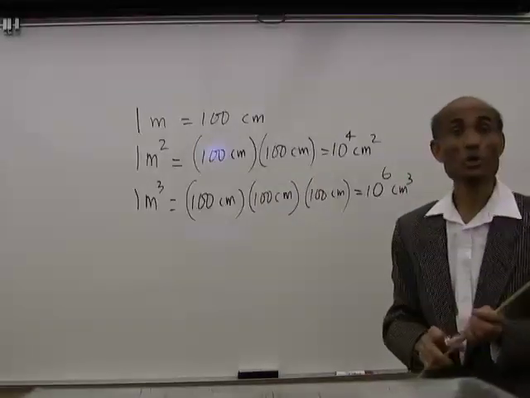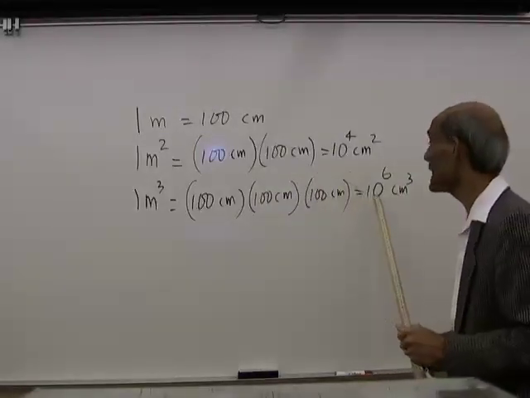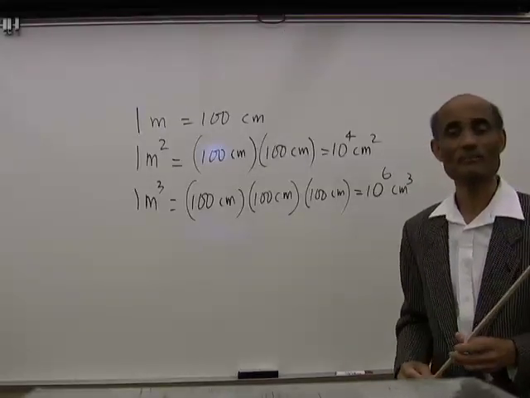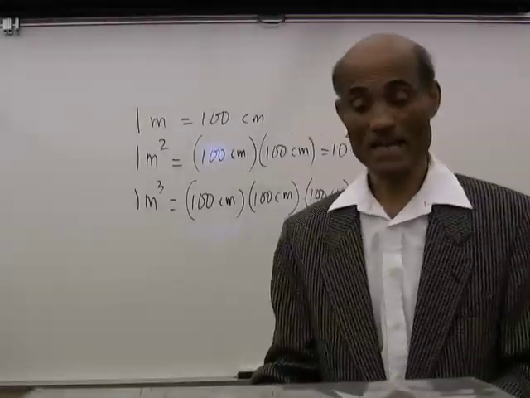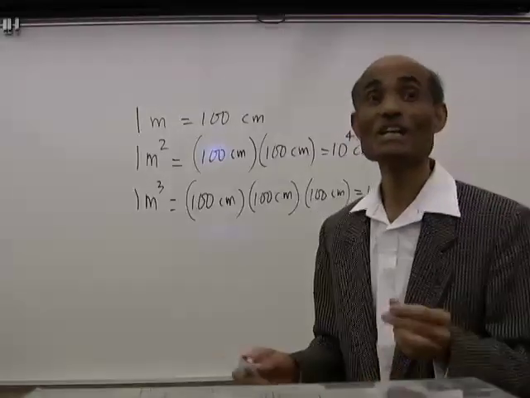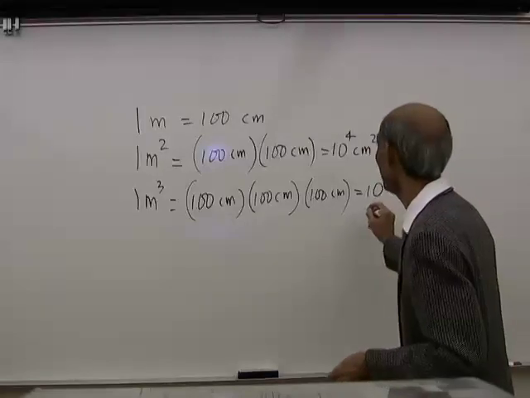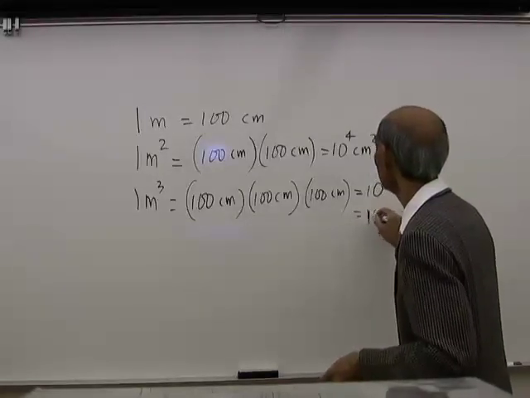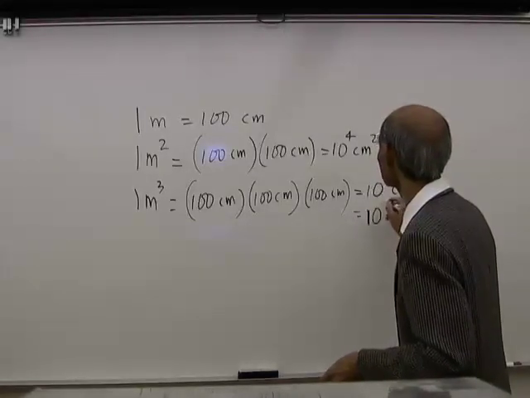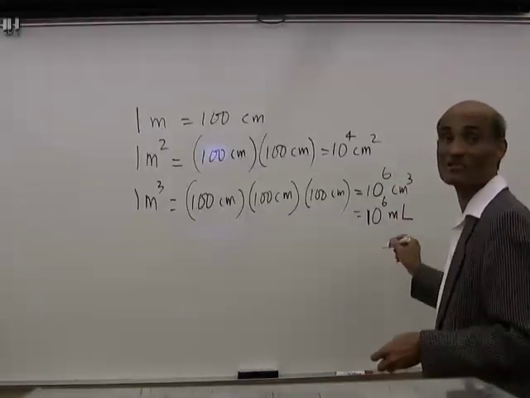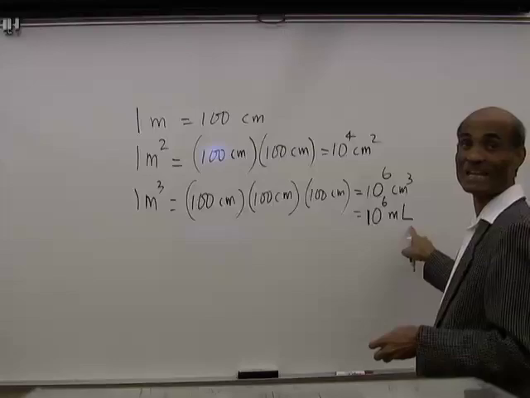So 1 cubic meter contains 1 million cubic centimeter. Now, you know that a cubic centimeter is also called a milliliter. So 10 to the power 6 centimeter cube is the same as 10 to the power 6 milliliter.